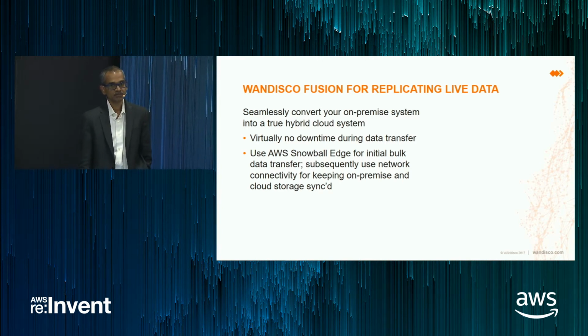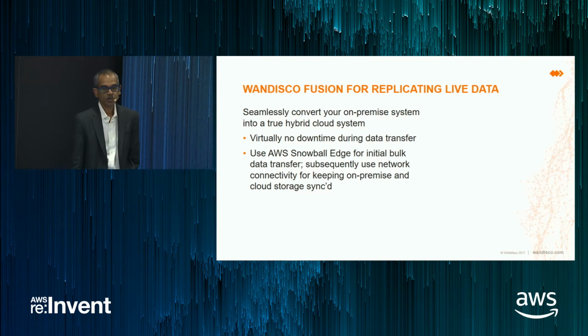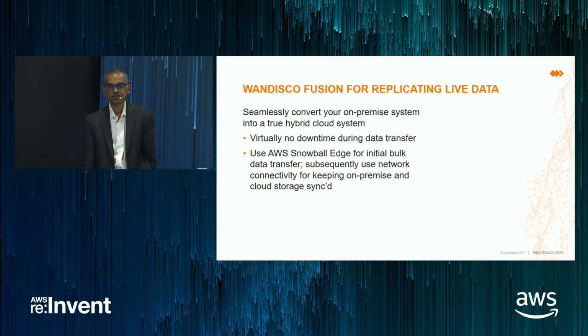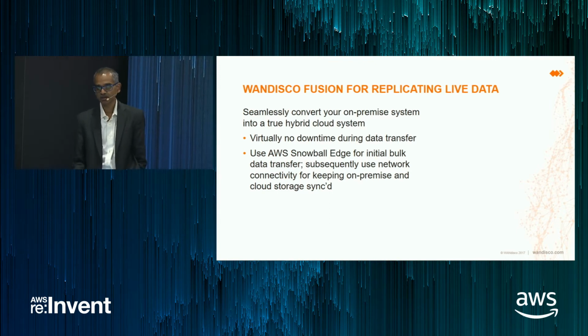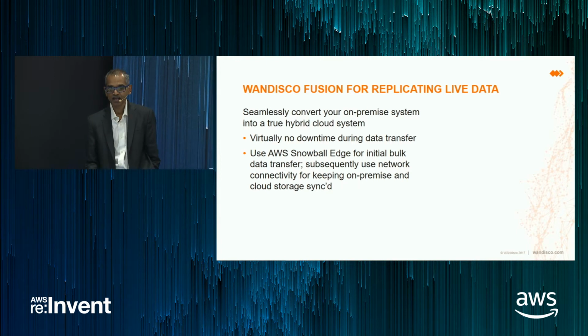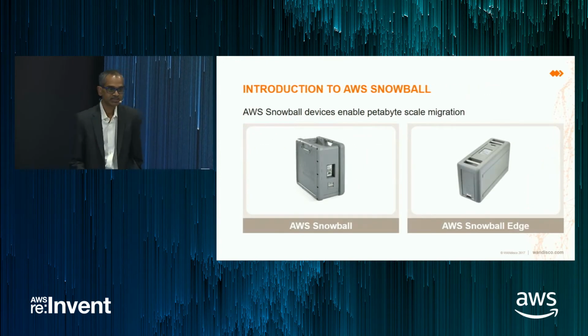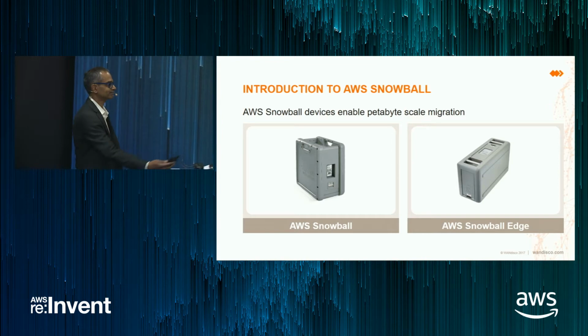In addition to all of this, we integrate with AWS Snowball and Snowball Edge such that you can use these clever devices for your initial bulk load of data. Let me hand over to Rashim so that he can give us an introduction to the Snowball device, and we'll go into the details of the use of the Snowball.